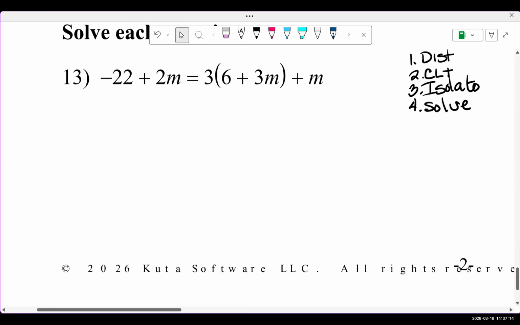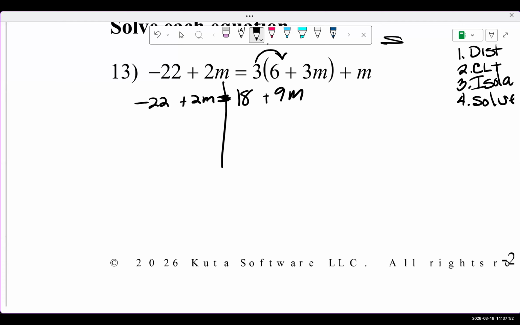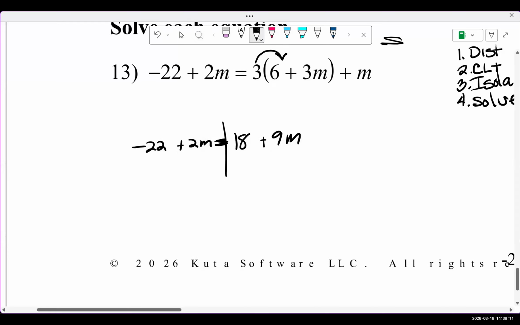Okay, let's solve the equation. Let's distribute. Negative 22 plus 2m is equal to 18 plus 9m. Okay, combine like terms. Are there any terms that are alike and are together on the same side of the equal sign? No. Okay, so now we're going to isolate.